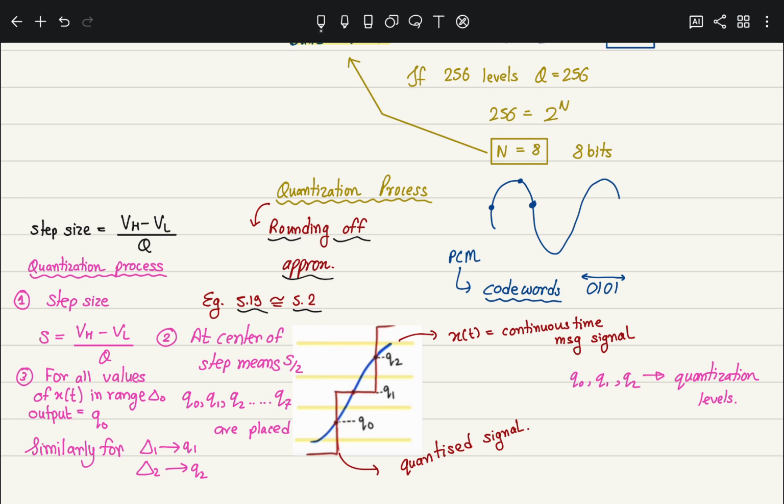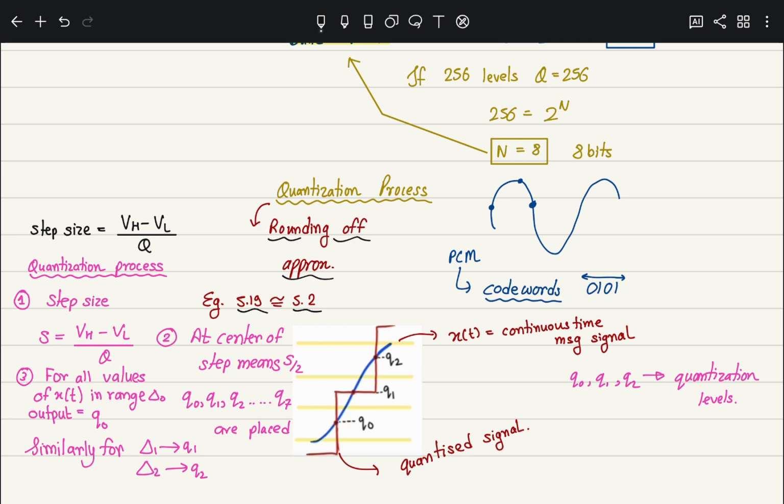It is not possible to take each of the data points, otherwise it will increase the bit size of the data, and for that we would have to increase the bandwidth also. So we take the approximate values to determine the signal. Rather than taking each point, we take the approximate quantization level points to determine the signal.